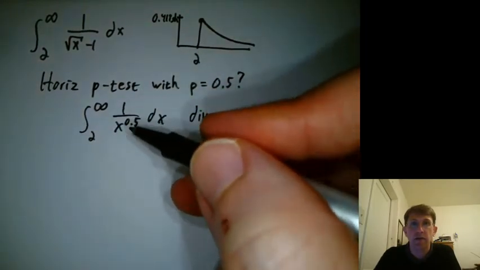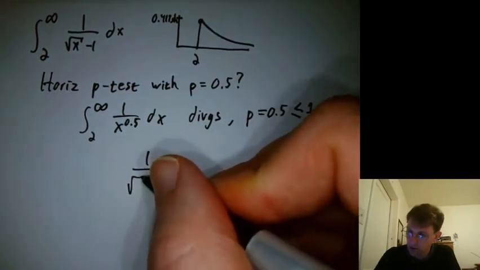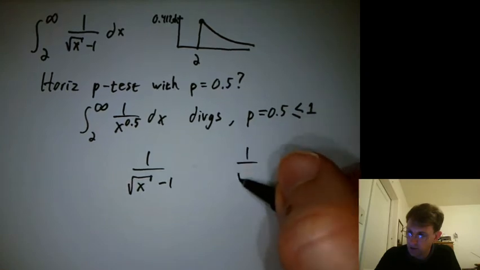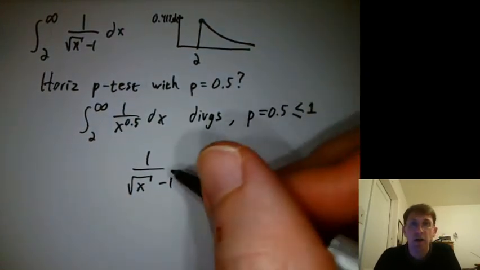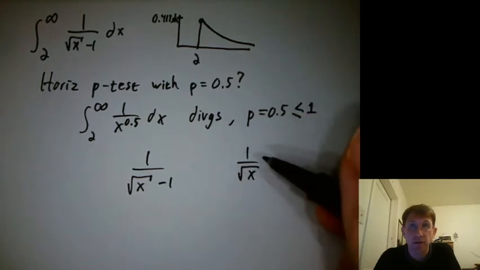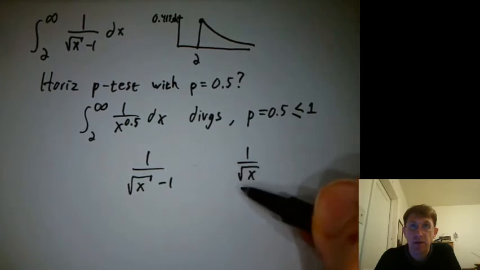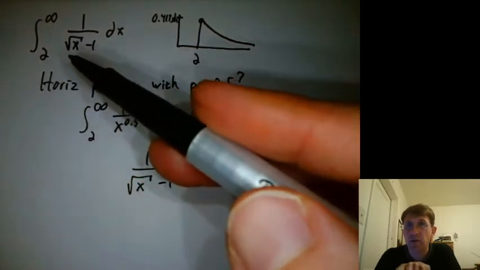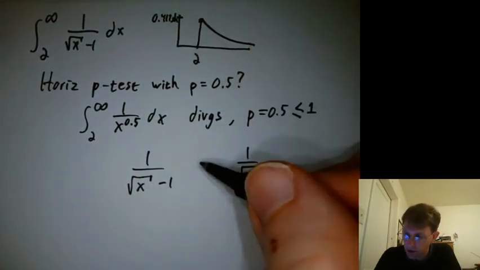How does this function relate to that function? So let's think about 1 over root x minus 1 and 1 over root x, or 1 over x to the 0.5. Which one of those is larger? Well, here the denominator is smaller than the denominator here. I'm still avoiding divide by 0 because root 2 is 1.4-ish, and subtracting 1 still keeps us above 0.